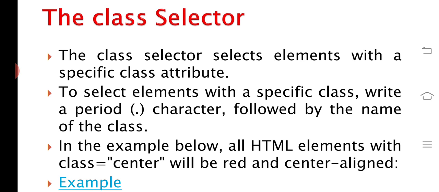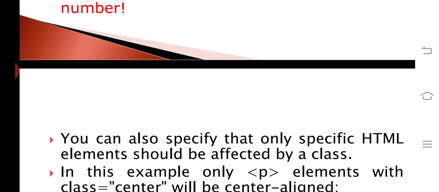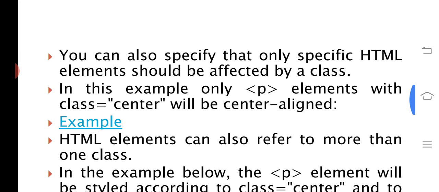Here the HTML element with the class equal to, within double quotes, center will be red and center aligned. Here the class name cannot start with a number. By default, a class name cannot start with a number.